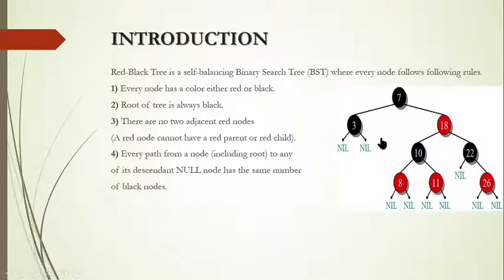The same should be happening in all the paths. See, 7, 18, 10, 8, I have only one black. 7, 18, 10, 11, one black node. 7, 18, 22, 26, again one black node. So these are the properties to make a binary search tree a red-black tree. It's a balancing BST.